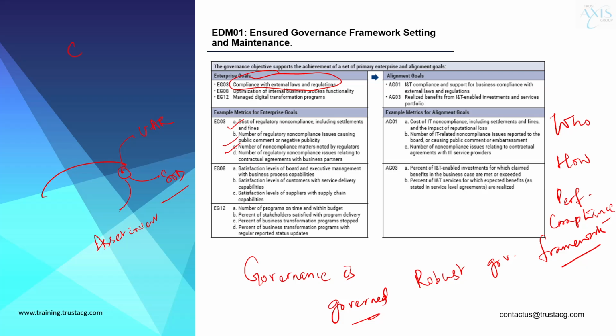Remember, your enterprise goals translate down to IT alignment goals, and IT alignment goals translate to your governance or management objectives.